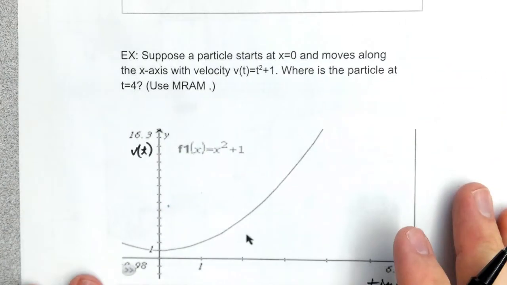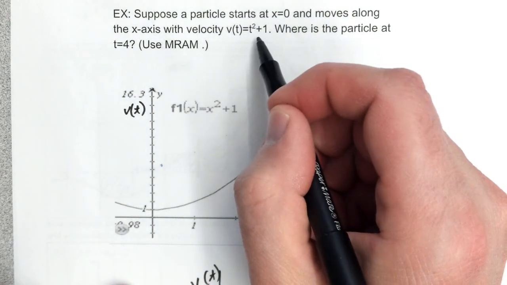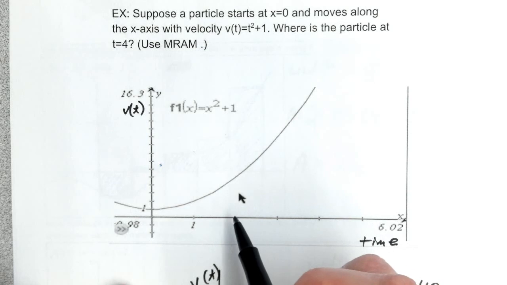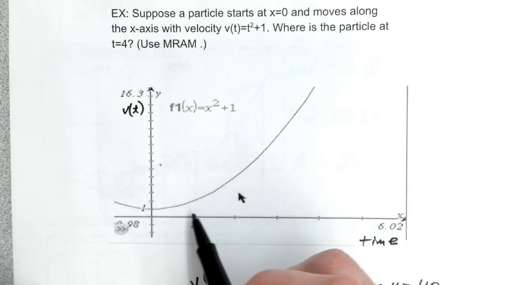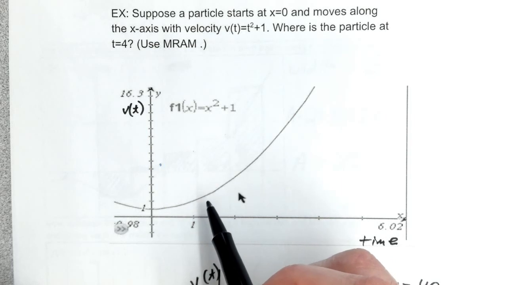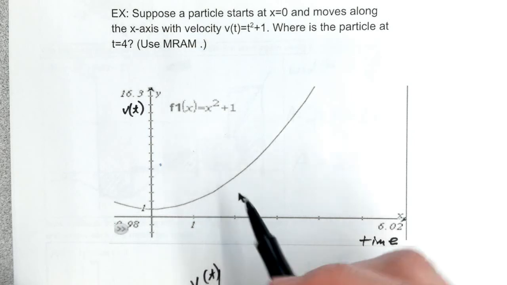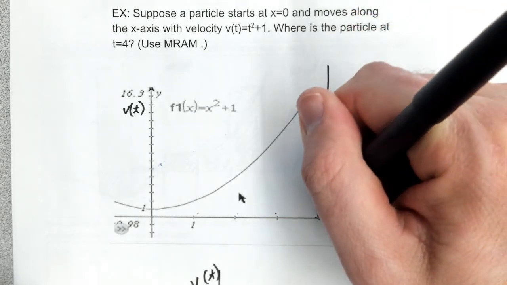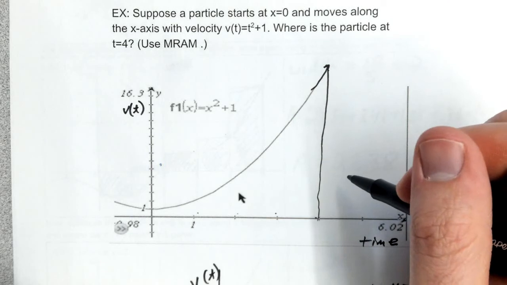In this example, if you're given a velocity function of t squared plus 1, and you've got a picture of the graph, which is not a great picture, you can find the area under the curve, and that will tell you approximately how far the particle has traveled. So we're at 1, 2, 3, 4. So 4 is going to land us somewhere up here. So there's our interval.